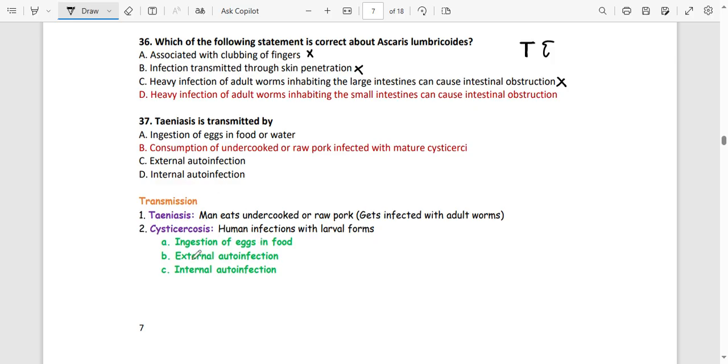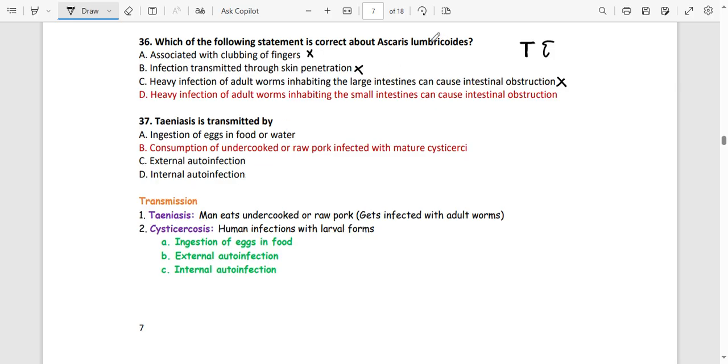I've even put it down here. Teniasis, that's where we get the undercooked or raw pork. For cysticercosis, that's where you ingest the egg, or external autoinfection, internal autoinfection. We already described what these are.